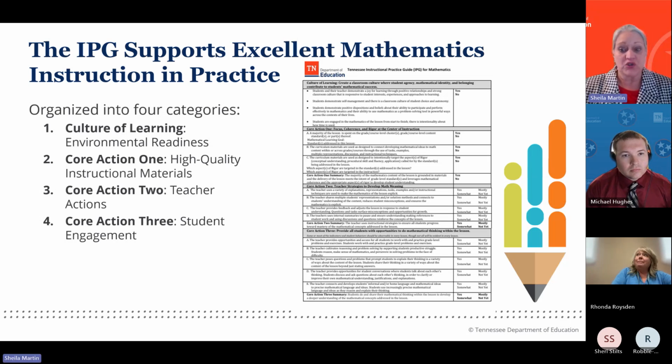Today, I'm going to orient you to the Tennessee Tool for Mathematics and talk about the high-level indicators of effective mathematics instruction. We're not going to go through every indicator in detail today, as the purpose of this session is not to norm you on using the tool, but to give you a general sense of what strong mathematics instruction looks like so that you can develop your own vision of excellent instruction and support others to be able to realize your vision of strong instruction.